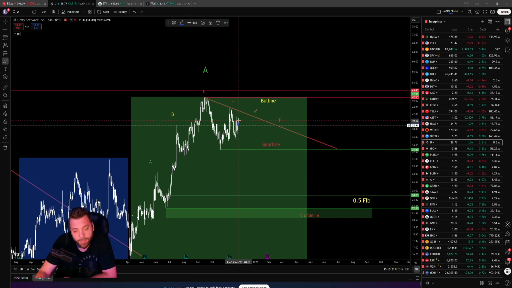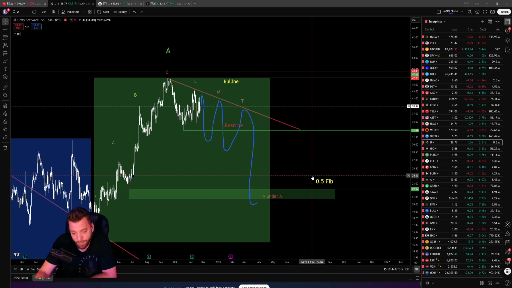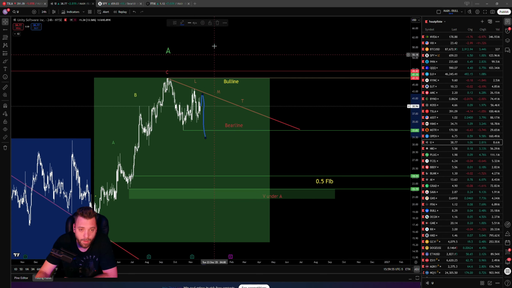Because for the lower peak you have to drop under 33. So in my opinion, you may be coming up here, but you won't go over 43. You will go down under this trend line, so under 32. You could get a bounce, come up again. This would be then your M, then lower again, T, and then you go to your price targets. 24 for the bounce on the 0.5, 22 for the bounce on the V and A. But, and I will show that on Neo too, for example, you don't have to do this.